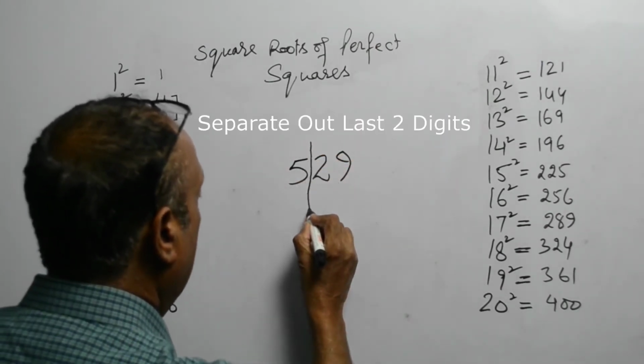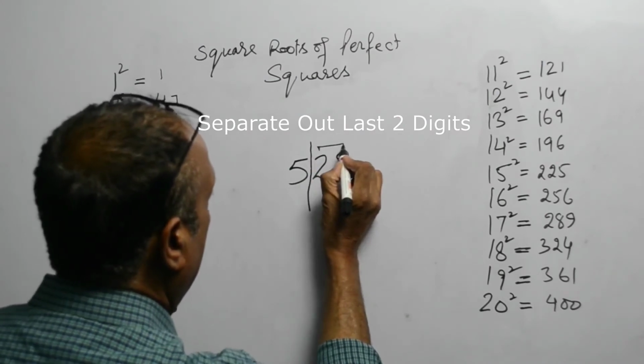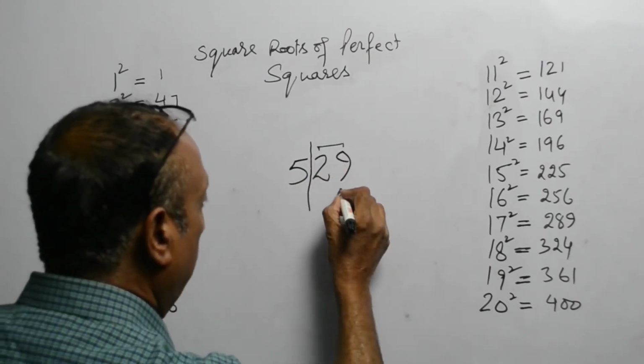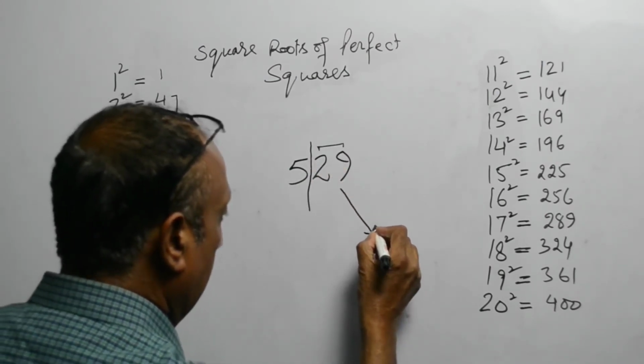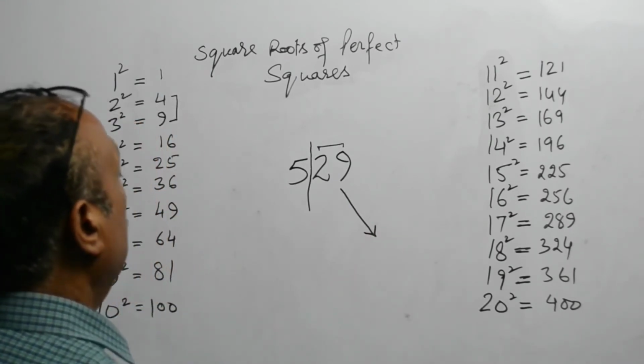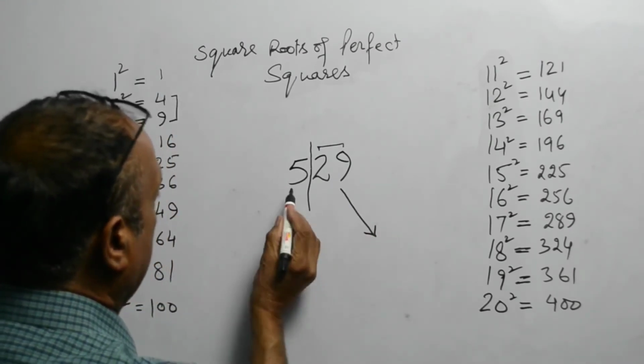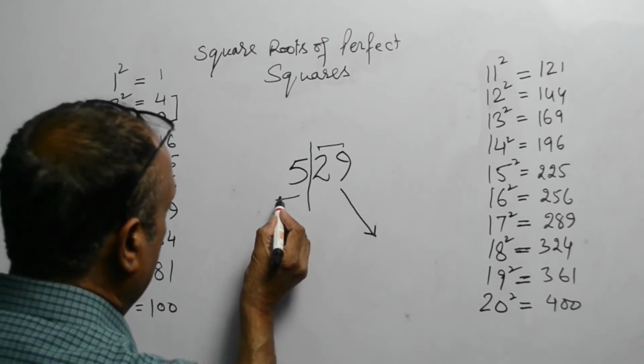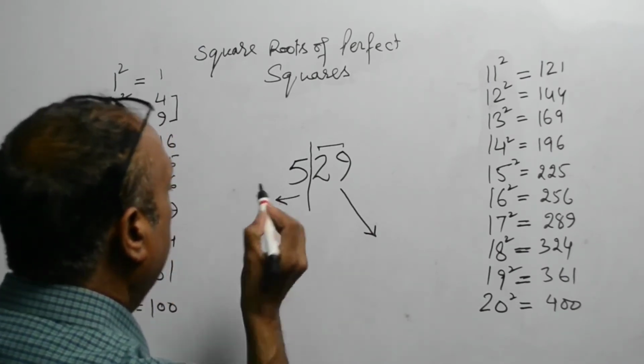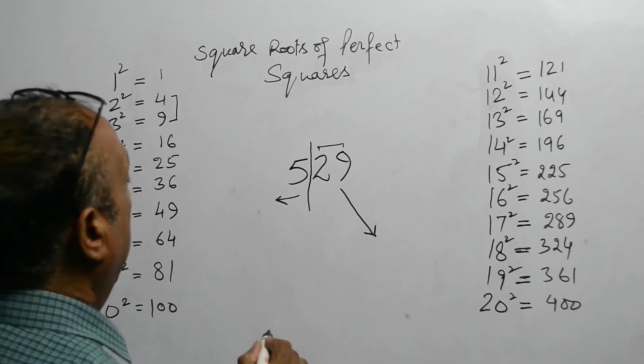Separate out the last two digits. These two digits will give us the last digit of the square root and the left hand portion will give us the remaining part of the square root.